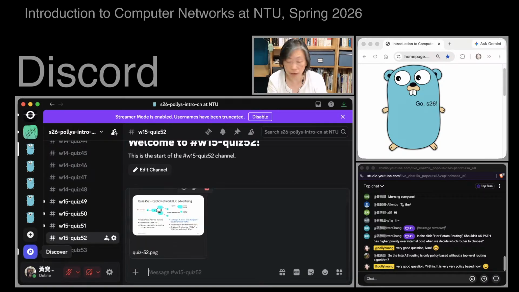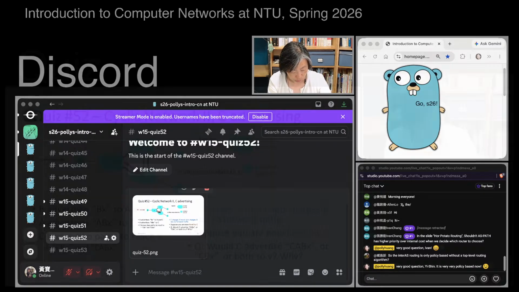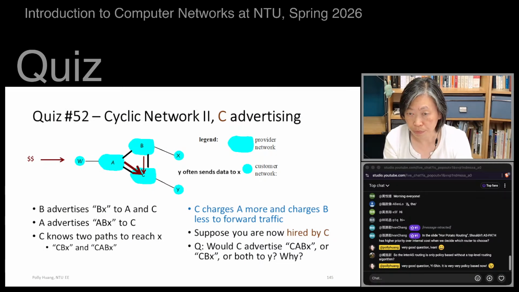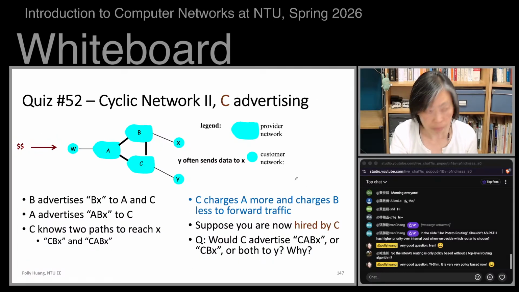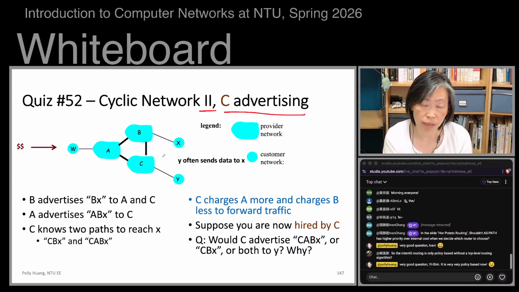Now, let's move on to the next. All right, let's go to quiz 52. This is a cyclic network in scenario 2, and C is advertising.